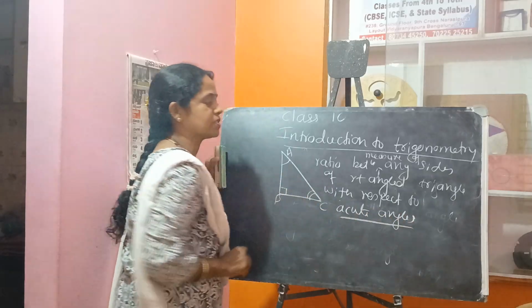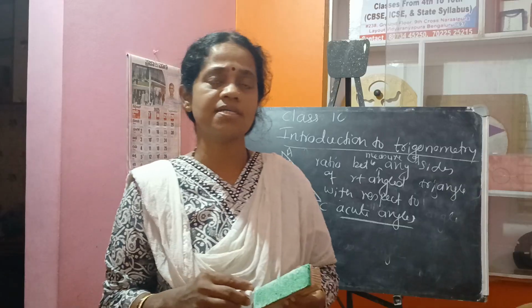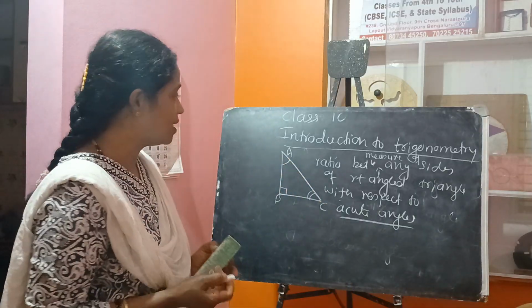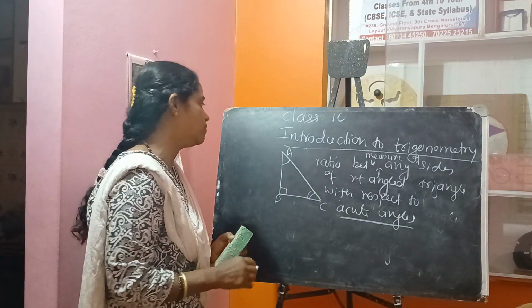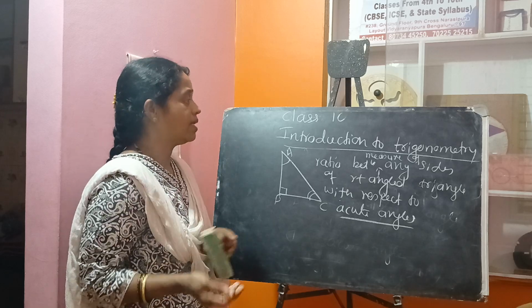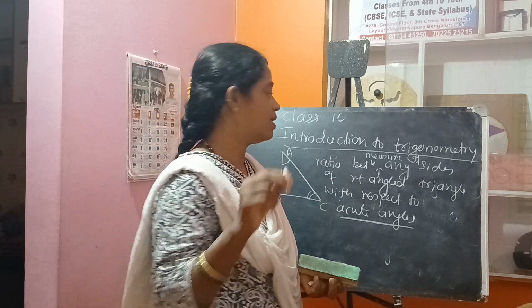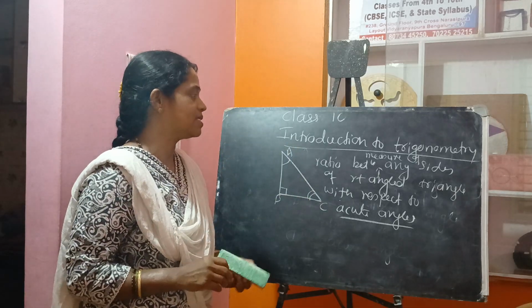This is most important because in the next upcoming class we have to find the ratio between two sides of a triangle when an angle is given, when any one of the acute angles is given.